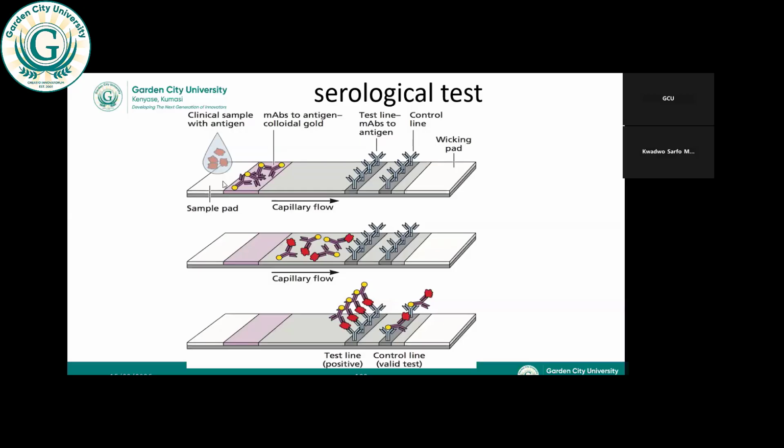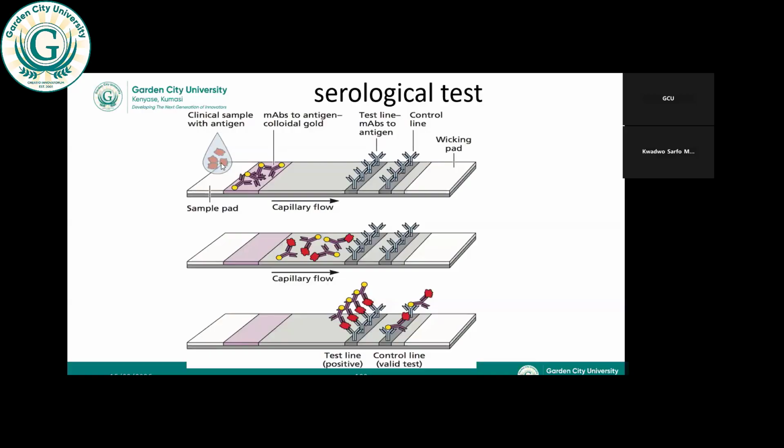So on this cassette, you put your sample in a well. The sample has the antigen, and we have monoclonal antibodies pre-coated on the cassette, as nanoparticles.